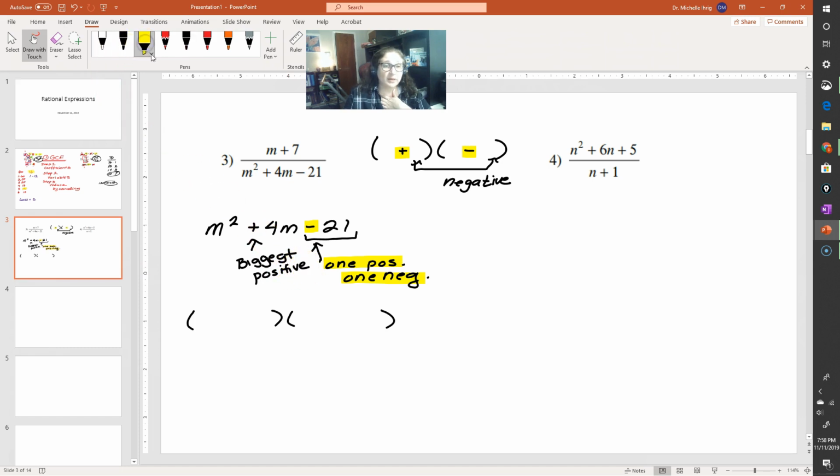I know that because when I do my inner part, basically I have to add. So when I do the outer plus the inner, they have to add to a positive number. Because that's positive, my biggest number is going to be positive. So let's write that down. First, we know we're going to have a positive and a negative. And we know that this is going to be the biggest number.